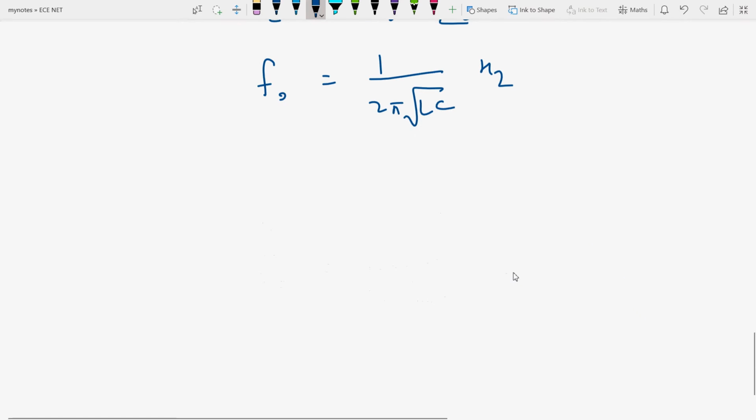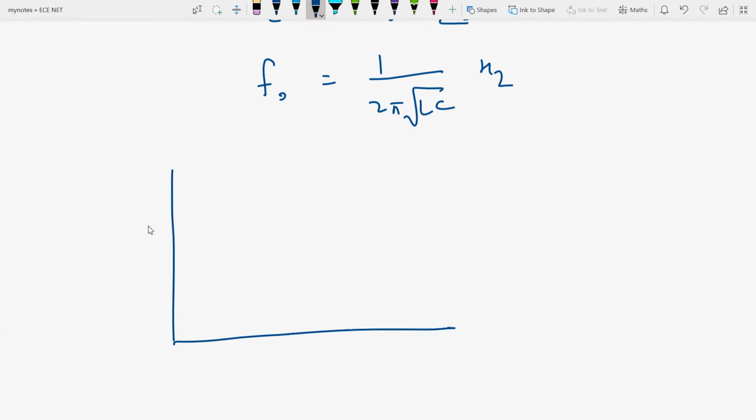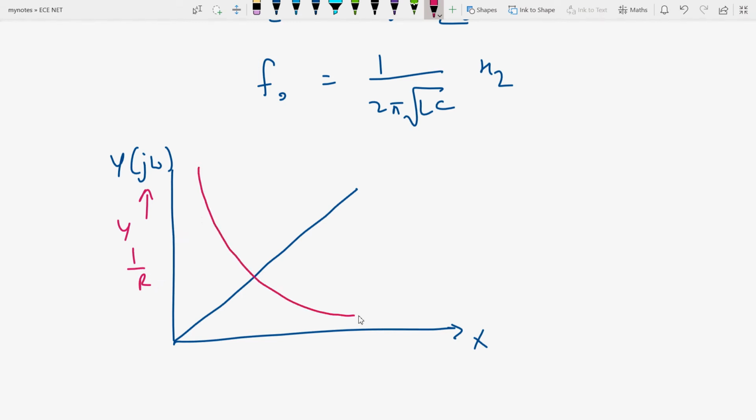Now you have again, this is admittance versus X, this is reactance. Now see, this is the graph, and this is admittance on the y-axis. Admittance is equal to 1 upon r, and this will be like this way.